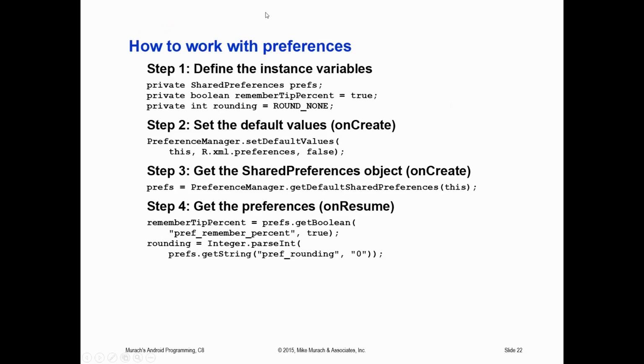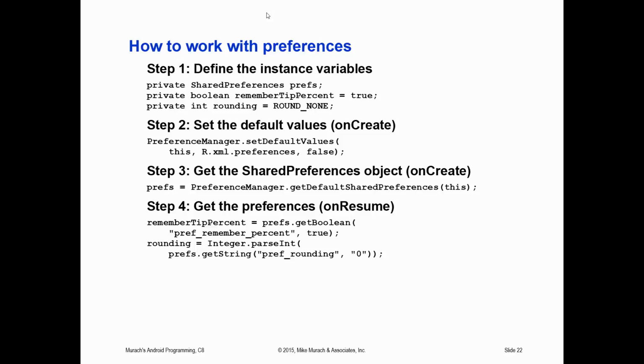So to work with preferences, the first example that you see right here shows how to define the instance variables for the preferences. Then the second step shows how to set the default values in the preference file. The third step shows how to get the shared preferences object.